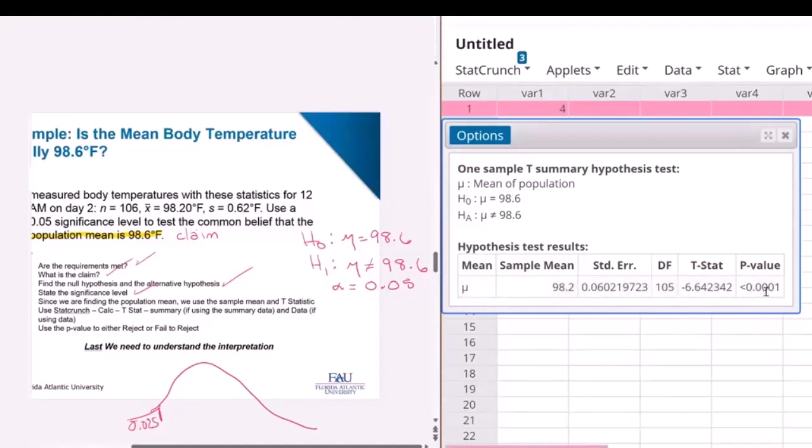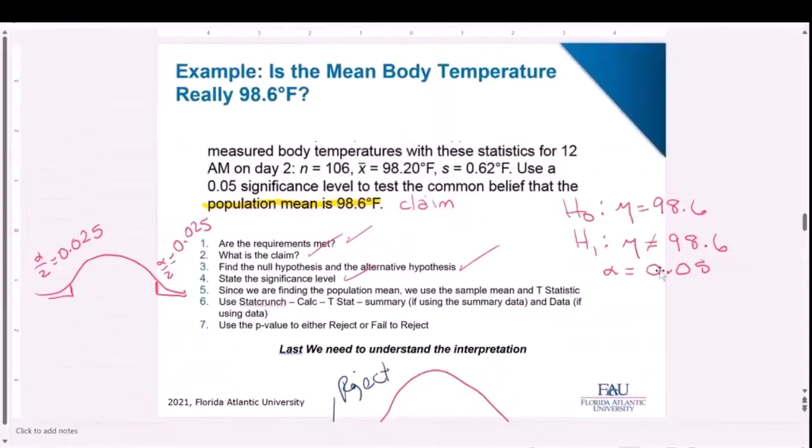This number is way over in here, which is my rejection area. Now I can reject my null hypothesis. We can reject that mu is equal to 98.6. It is not. We can reject the null hypothesis, which means that the mean is not equal to 98.6.